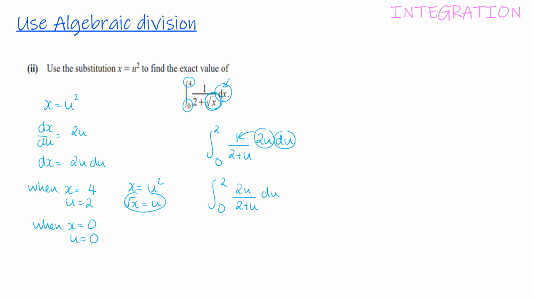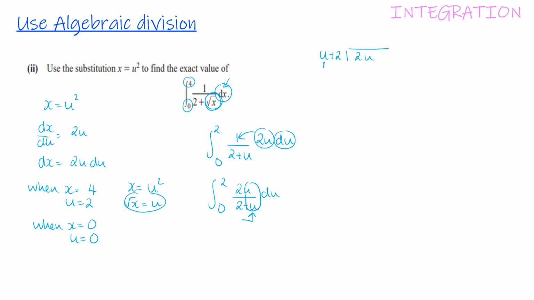Now this is in fact top heavy because the powers on the numerator and denominator are both the same. So this is where the algebraic division is going to help us. When we do an algebraic division, we normally like to have the algebraic term first. So 2 plus u is the same as u plus 2, and we're dividing that into 2u.